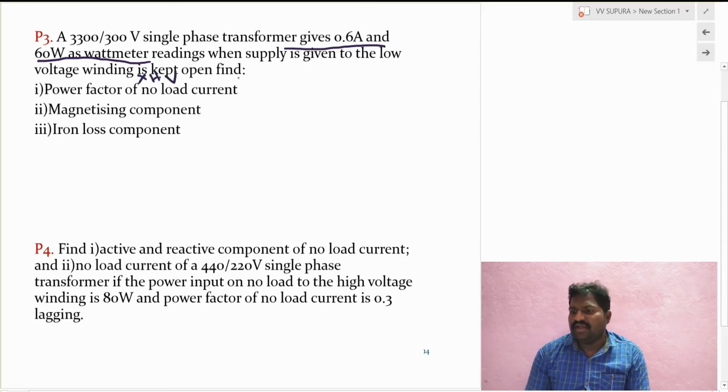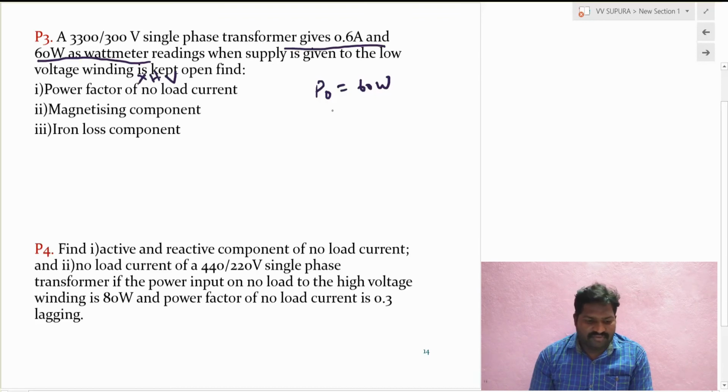Then find the power factor of the no load current. Now we can understand P naught. The given no load power P naught is 60 watts, and the I naught current, the no load current, is 0.6 amperes.